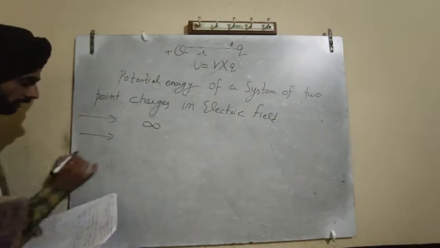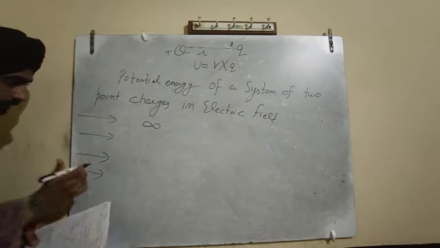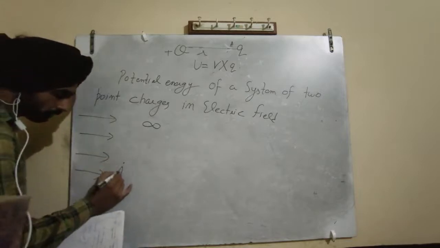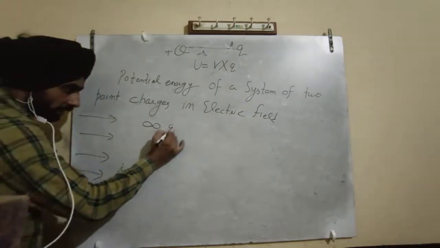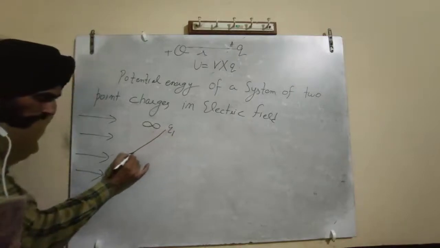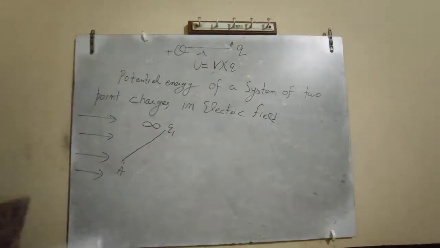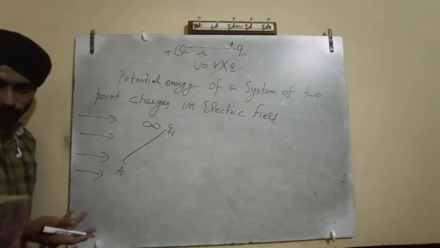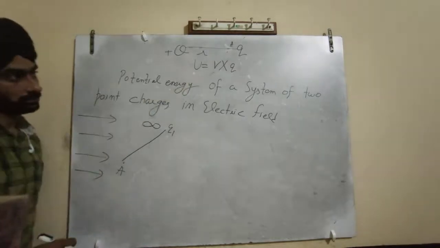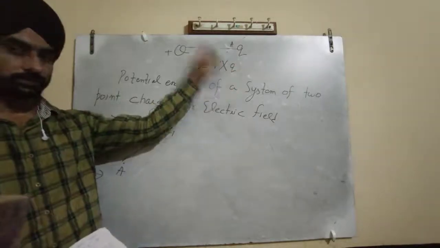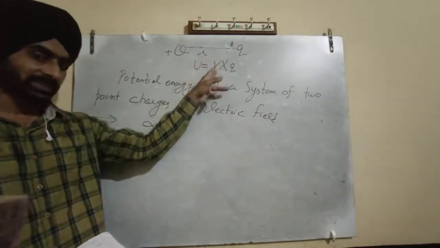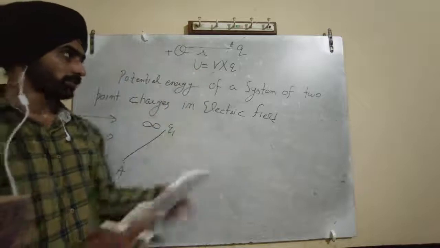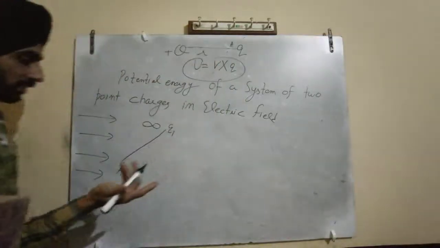There is an electric field everywhere. Okay, and there is a point A. You are taking Q1 from infinity to a point A in electric field. Okay, you have to do the work. What is the work done? When you are moving a charge to a point which is having some potential in external electric field, this is the work done. So this is the potential energy.